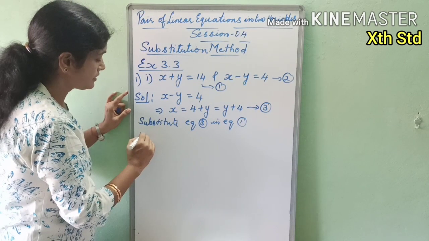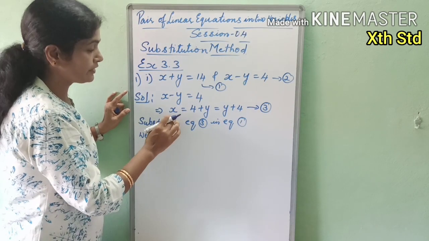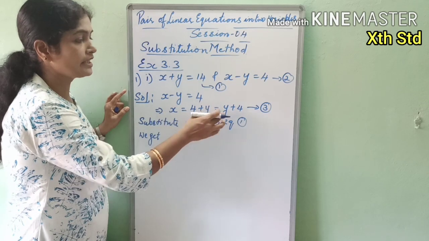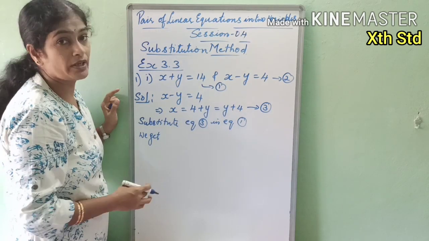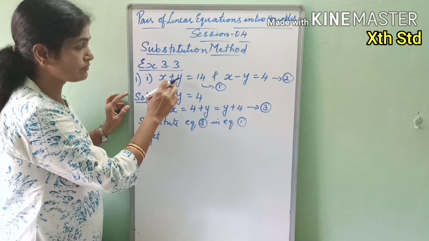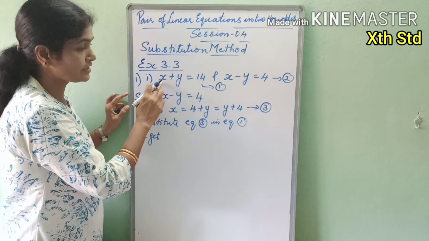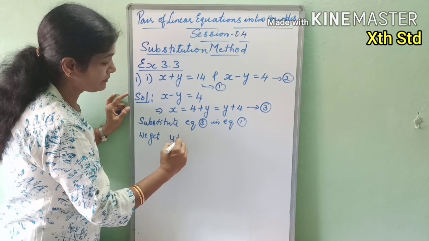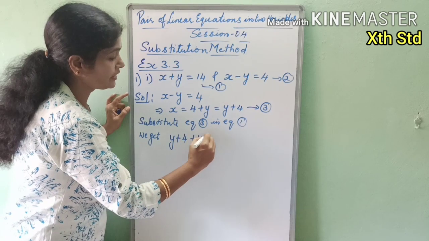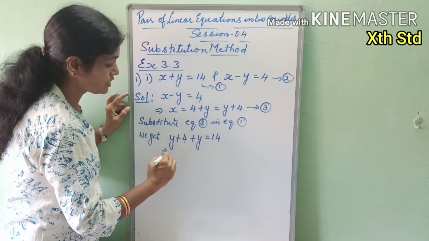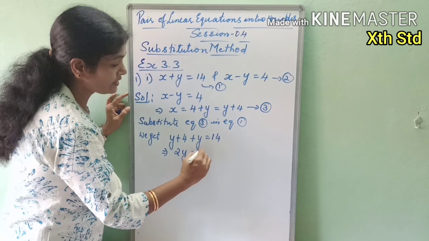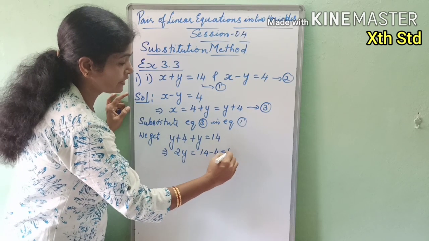So what do we get? Substituting means wherever x is there, in place of x you put y plus 4. We have x plus y equal to 14, so instead of x we get y plus 4 plus y equal to 14, which implies 2y is equal to 14 minus 4, that is 10.